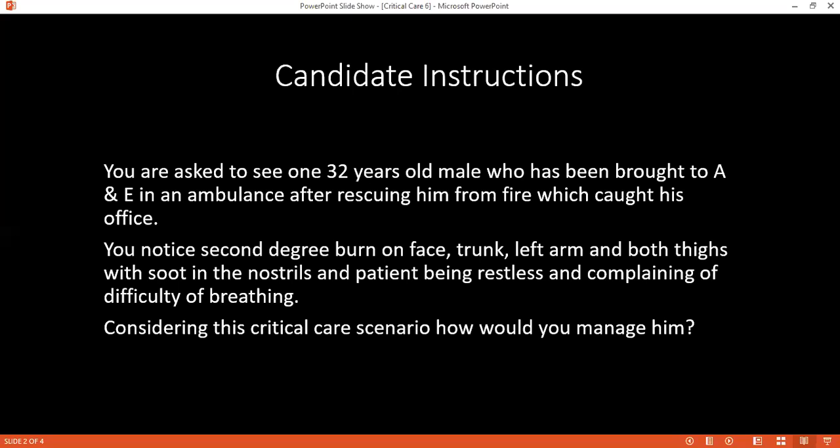Considering the burns that the patient has acquired, would you be able to tell if they are superficial or deep? This is a second degree burn, so it is deep partial thickness, ma'am. Yes. So how is the depth and extent of a burn evaluated or assessed?